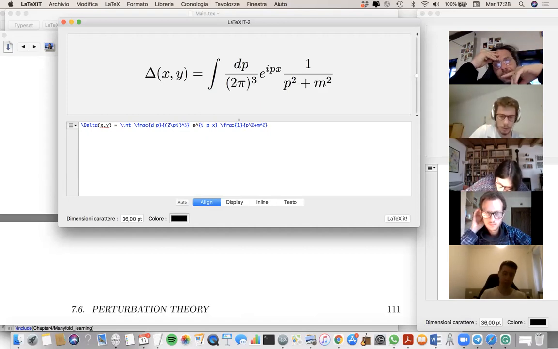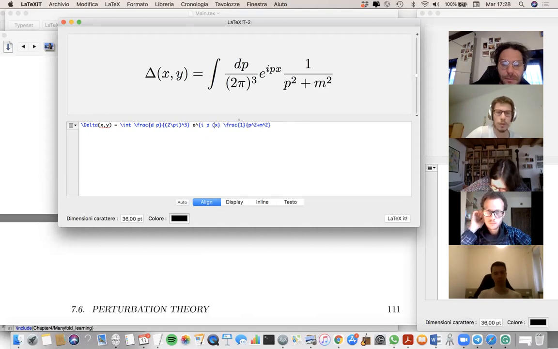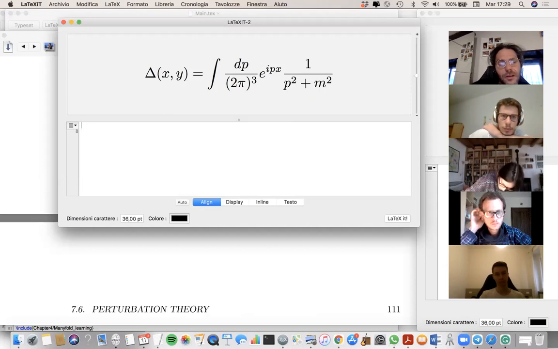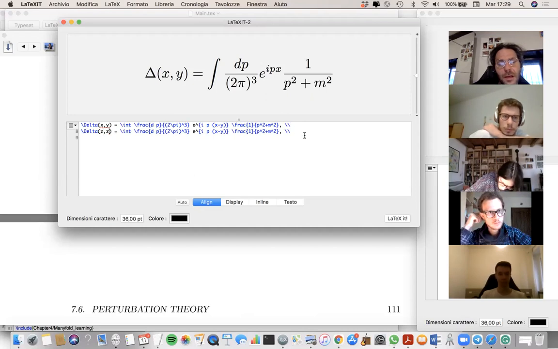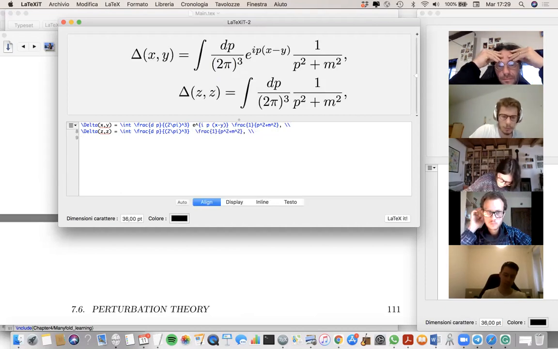Right? Of course, there's x minus y here. And in particular, the most pathological term that enters in the expression before the ZZ term is the same with nothing here. Right?